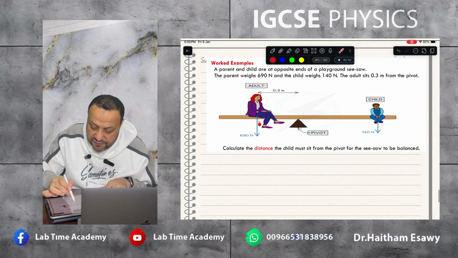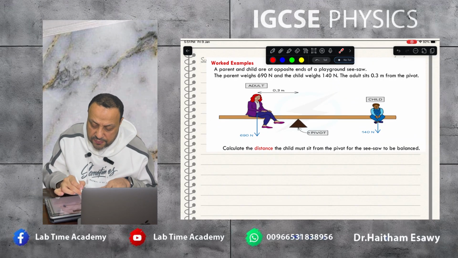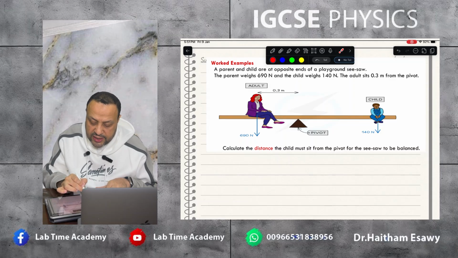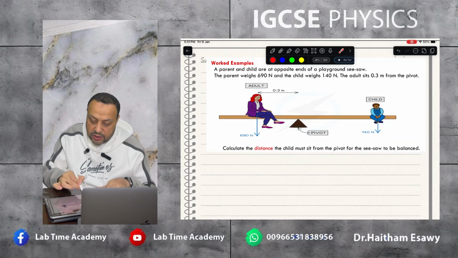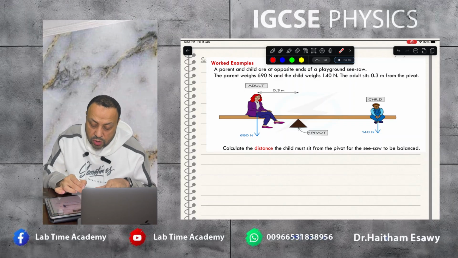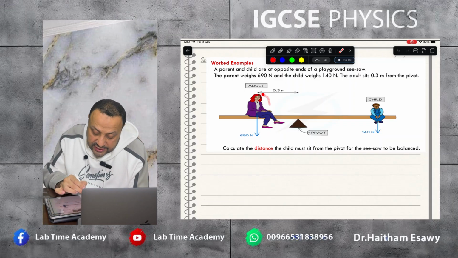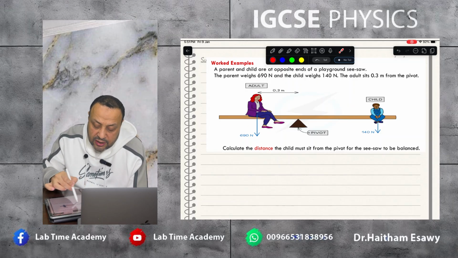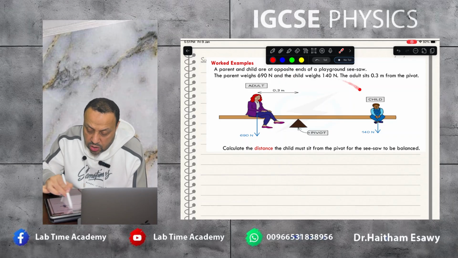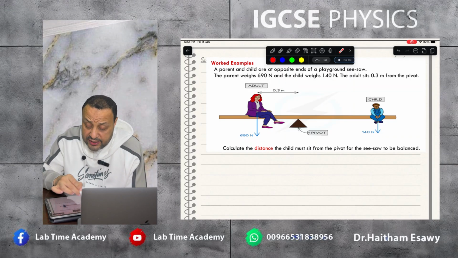Here we have this distance and this adult. As you see, its weight 690 Newton will be around the pivot. Its moment will be in the opposite direction of the clock's hands, so it will be anti-clockwise. But the child will be clockwise, in the same direction as the clock's hands.